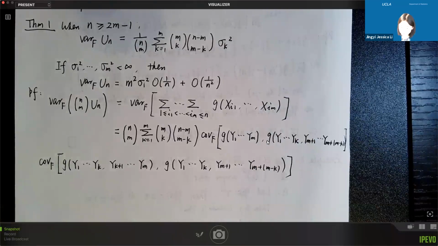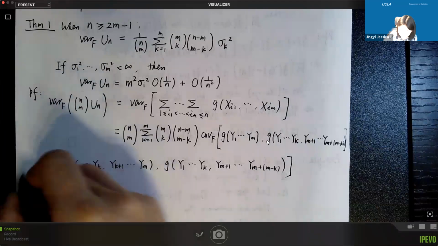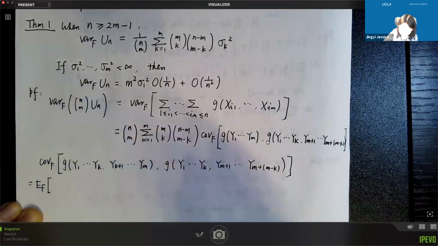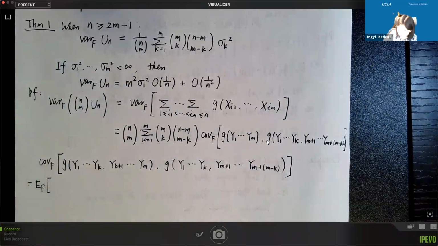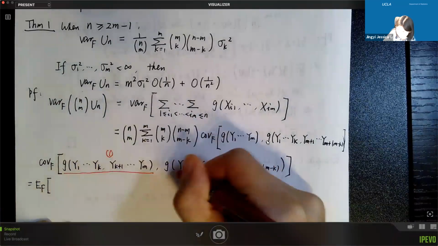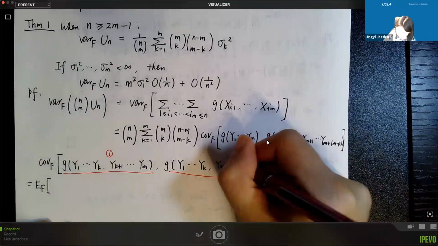Again, we are going to use the formula we are familiar with, that is the expectation of the product. Let me give it a notation: call this 1 and call this 2.